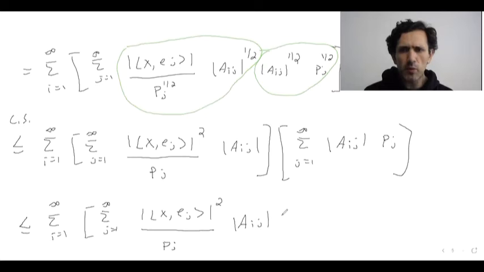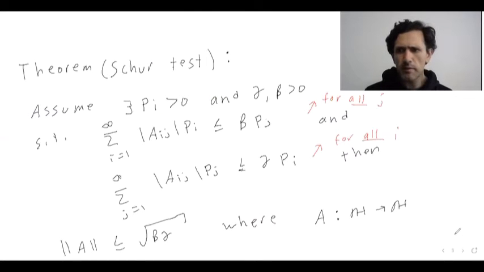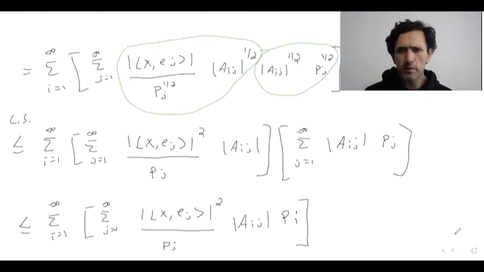I'll leave that for homework. Our assumption here is that this whole thing in the brackets is less than or equal to gamma p_i. So pull out a gamma here.